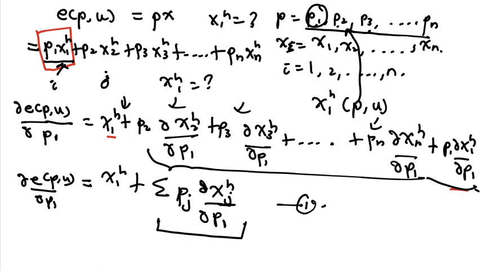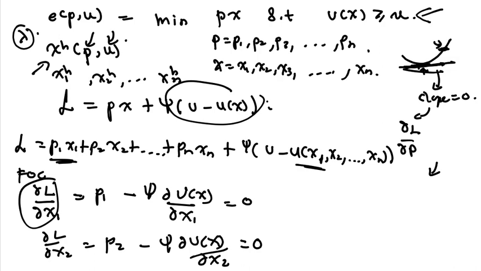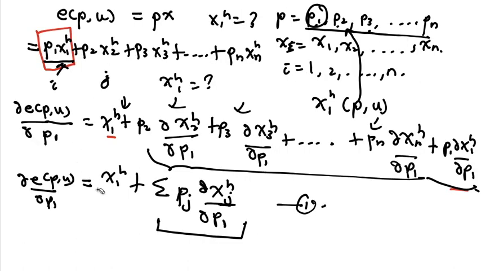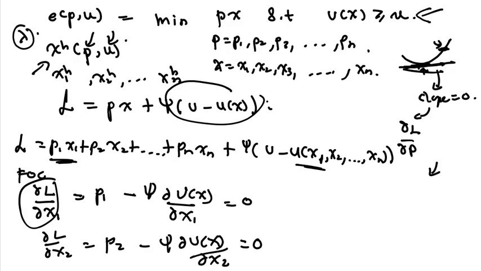So let's go back to the FOC that I showed you earlier. These first order conditions are the process in calculating the Hicksian demand function. So in order to prove the Shephard's lemma here, we need to see the value after the plus sign, and to do this, we need to use the work that we have done earlier.